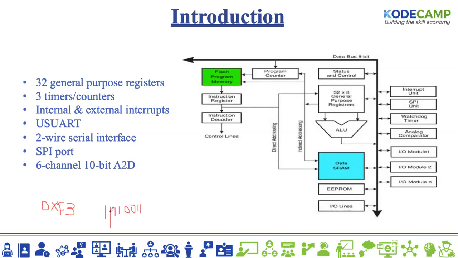Don't mind the way I'm writing, I'm not using my pen. The decimal value of this is 243. So if you want to write this in a register, it's going to take this particular format. That's how you write into that particular register.